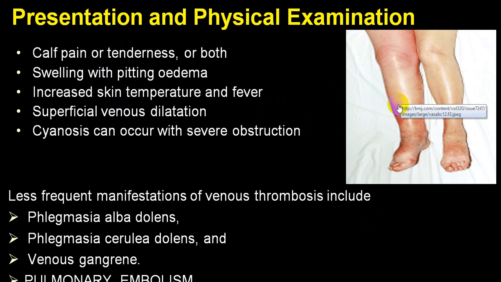So we'll have edema, a little amount of inflammation, tenderness, and with severe obstruction, you can have cyanosis also. And there are two conditions: phlegmasia alba dolens, which is along with involvement of the arterial system, and phlegmasia cerulea dolens, which will be bluish color. And then you can end up with venous gangrene. And one of the other complications is pulmonary embolism.